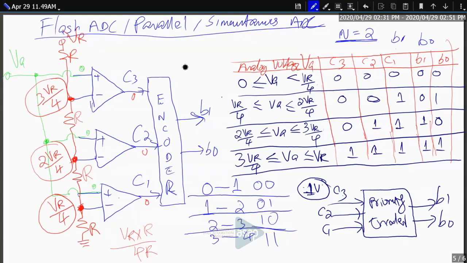Each section will be implemented using 4-bit flash ADCs. A 4-bit ADC requires 2 raised to 4 minus 1, that means 15 comparators only. Such 2 sections are there, one for the LSB section and one for the MSB section. Therefore, 15 into 2, 30 comparators only will be required. That is actually called a half flash ADC system.